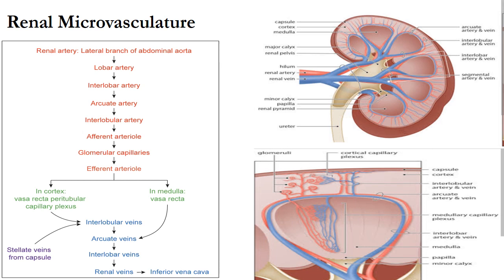At the base of the pyramid, the interlobar arteries divide dichotomously into arcuate arteries, which arch over the base of the pyramid. Then the arcuate arteries run at right angle to the parent interlobar arteries.